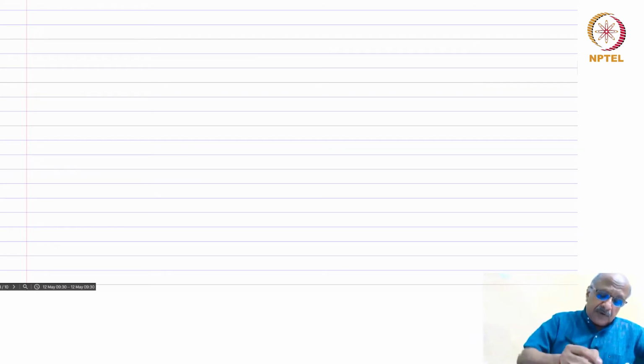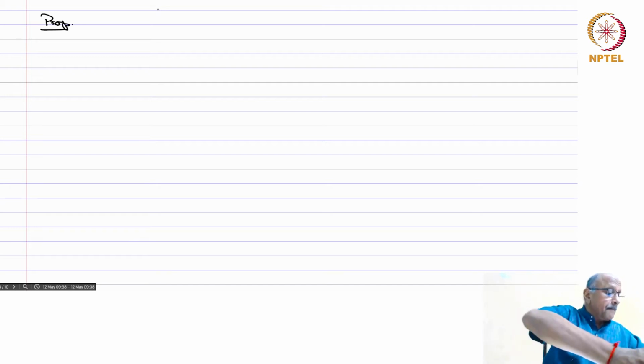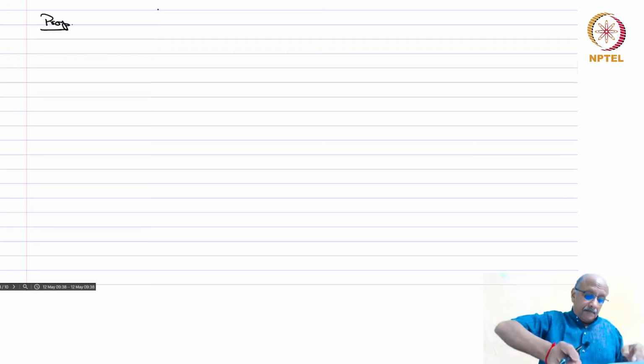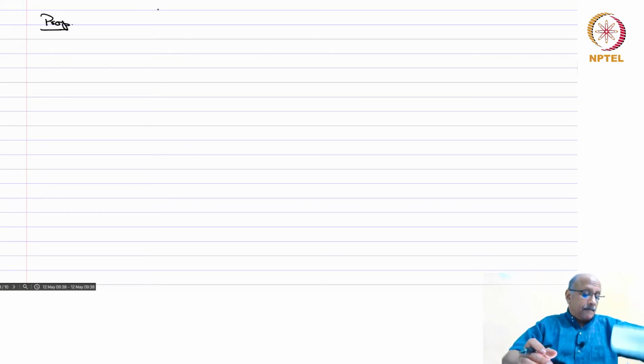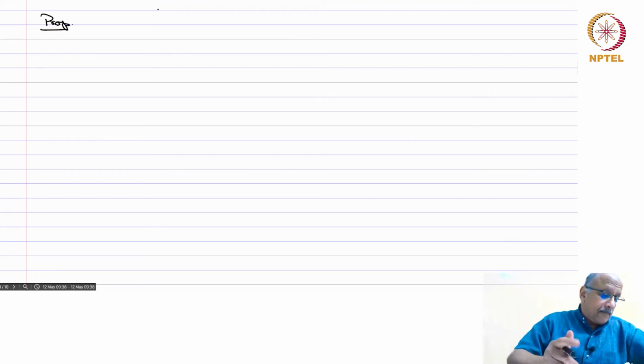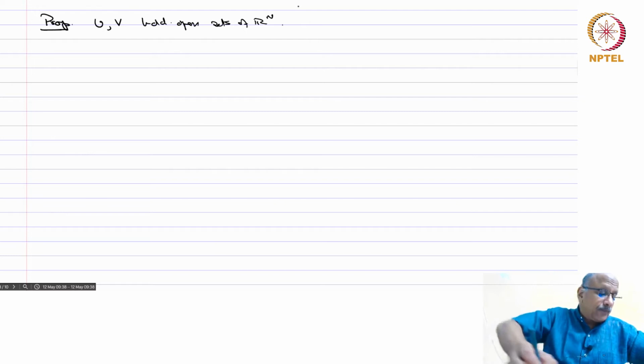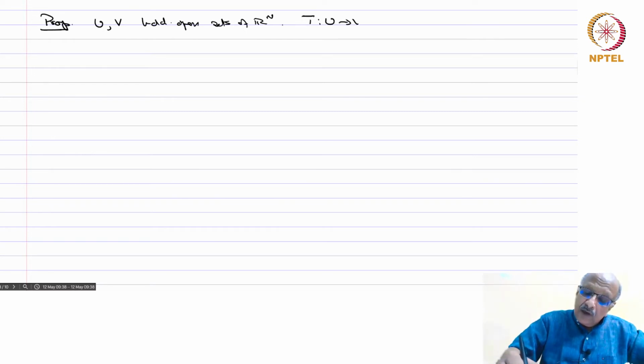So here is the important proposition. Let U, V be bounded open sets of Rn, and let T from U to V be a homeomorphism, that means one-one, onto and continuous, which is also a C1 map.